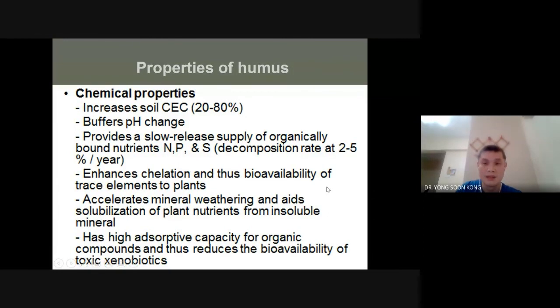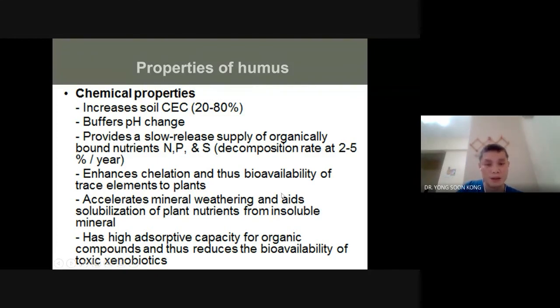Bioavailability means how much can be absorbed and taken up by plants. Usually these are connected: when the solubility of a nutrient or trace element increases, the bioavailability also increases accordingly.